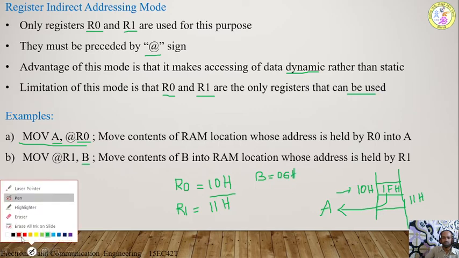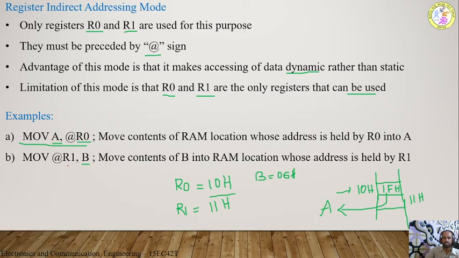Now, once you execute this instruction, what happens? Data always moves from source to destination. This is the source and this is the destination. The content of B is 06. This 06 will go to the memory location pointed to by R1.